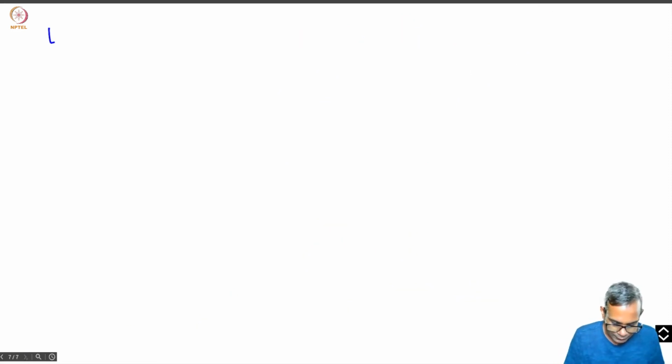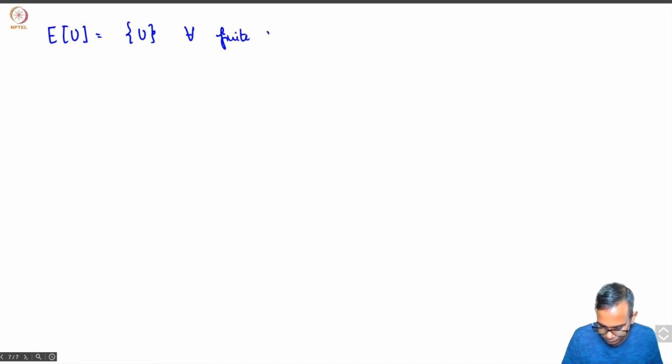So recall that E is the species where E of U is just a singleton for every finite set U. And we want to compute its cycle index generating series.